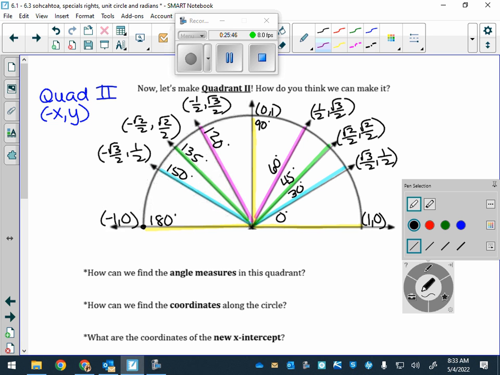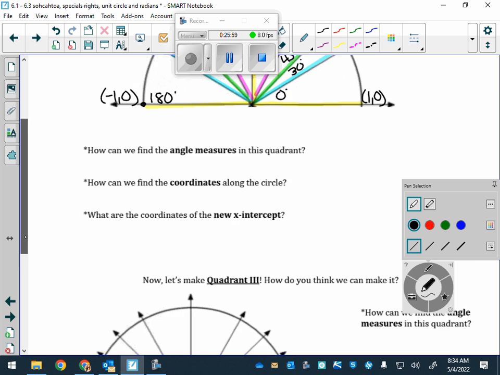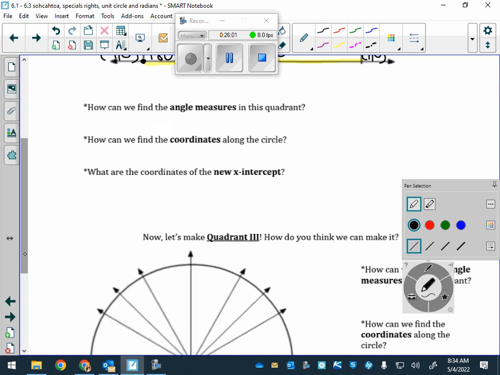But also realize from your x-axis to your first angle, 30, then it's 15 in between, and then 30 again. There's definitely tricks you guys are going to come up with as you learn more about the unit circle. So, we did quadrant 1, quadrant 2. Just before we get to quadrant 3, how can we find angle measures in the second quadrant? Refer to quadrant 1.